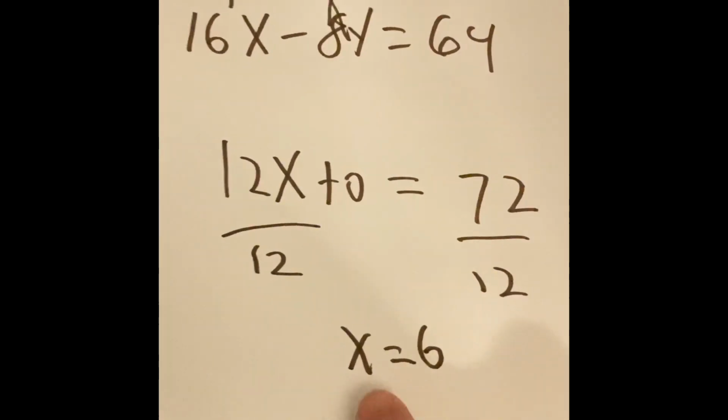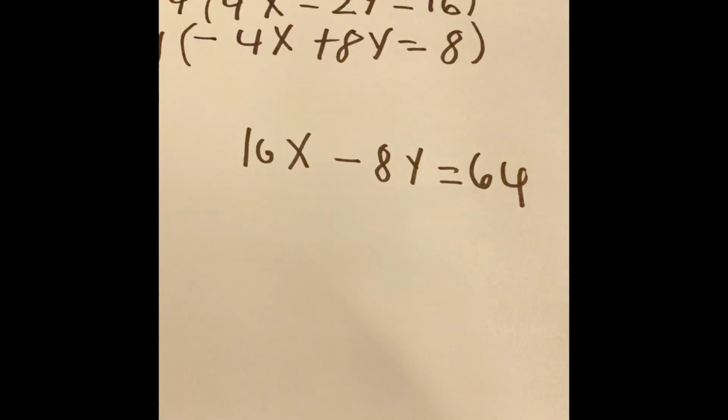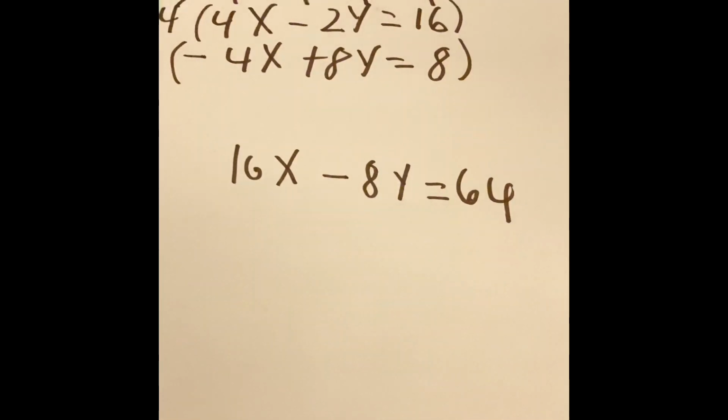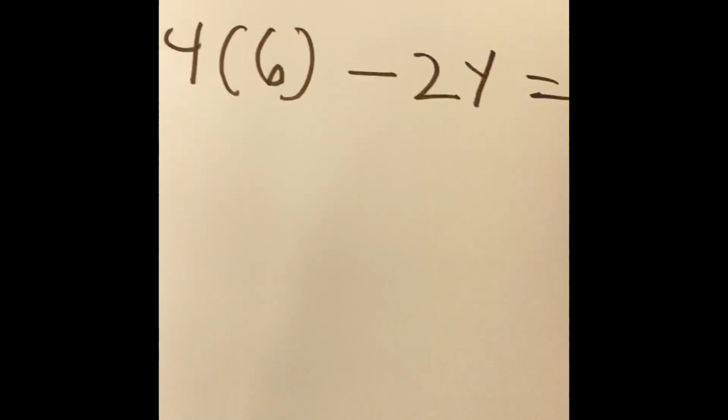Okay, since we got 6 as x, now we get to bring back the y variable. So we have 4 multiplied by 6 minus 2y equals 16.